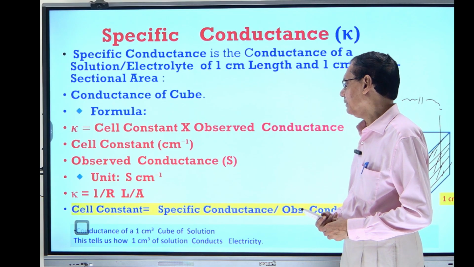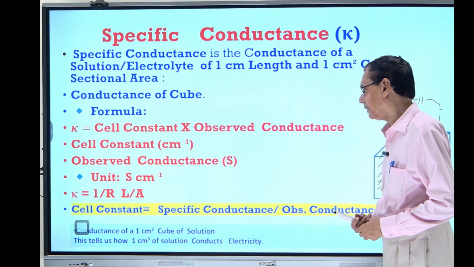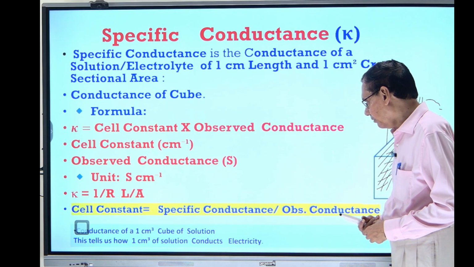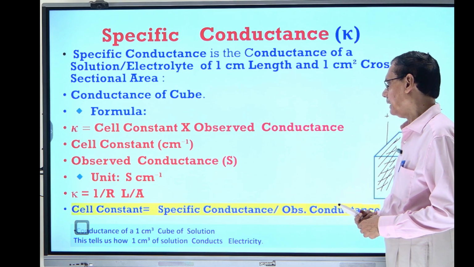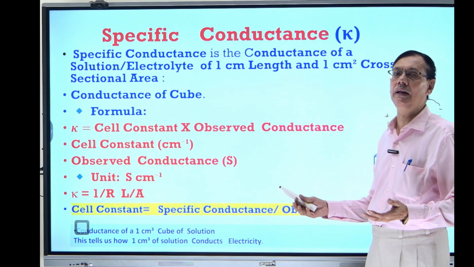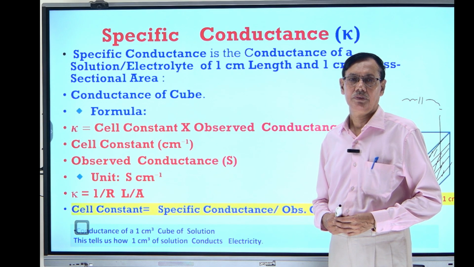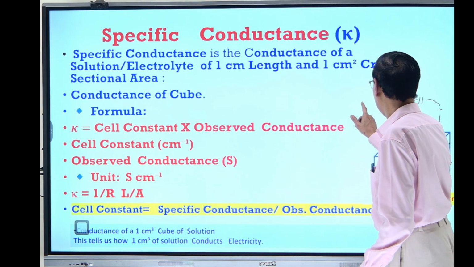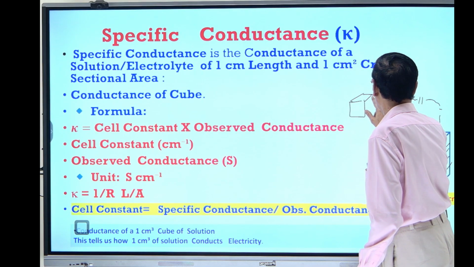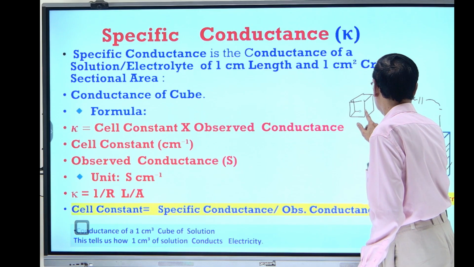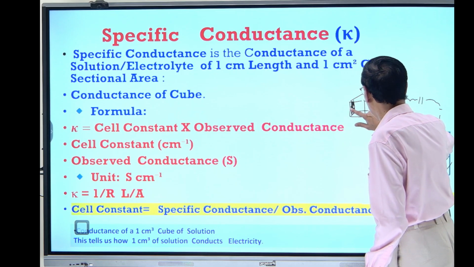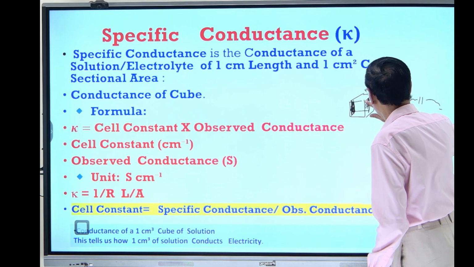So you can call it the conductance of a 1 centimeter cube of a solution. This tells us how a 1 centimeter cube of solution conducts electricity. So only 1 cube is there, and we are measuring this, and the difference I have already told you.